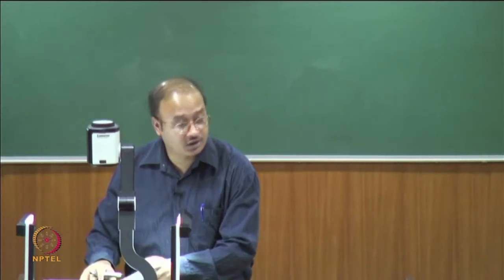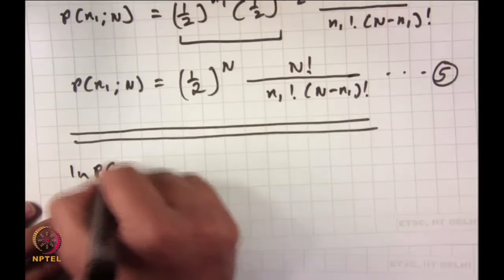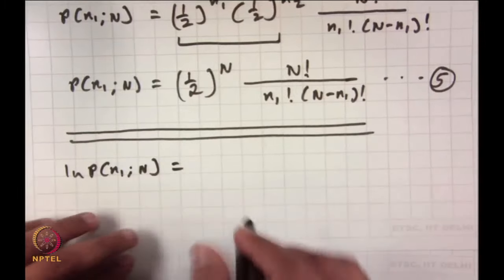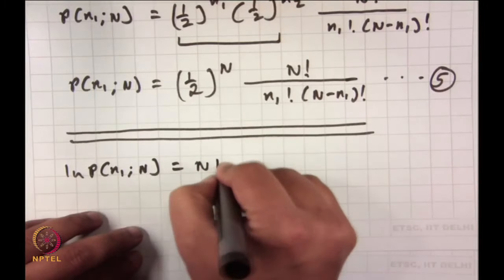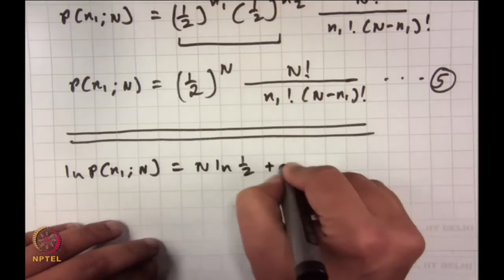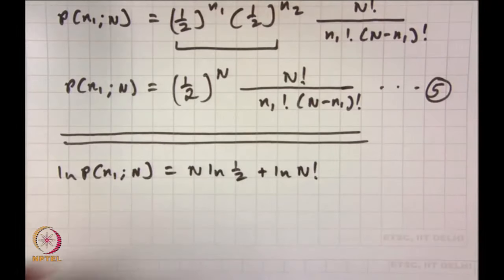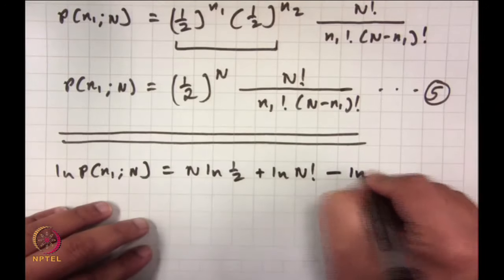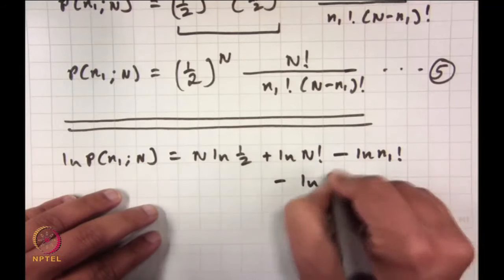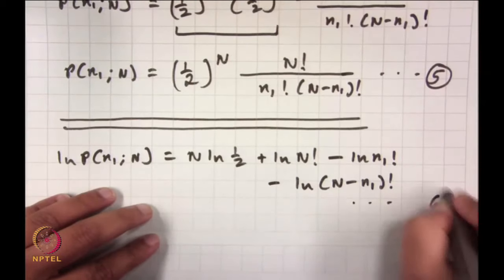If I take the natural log of this one, then I can write ln P(n1; N) is equal to N ln half plus ln N factorial minus ln n1 factorial minus ln (N minus n1) factorial, and this is say equation 6.